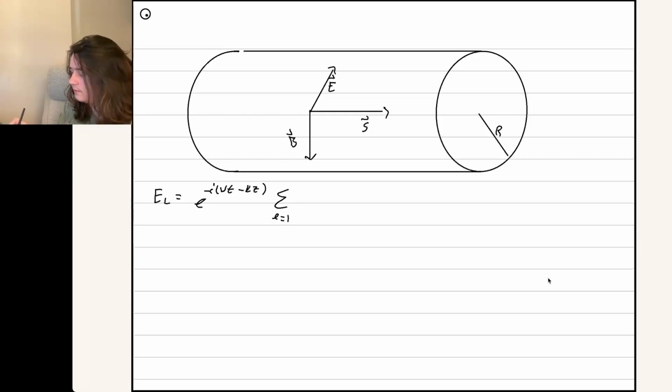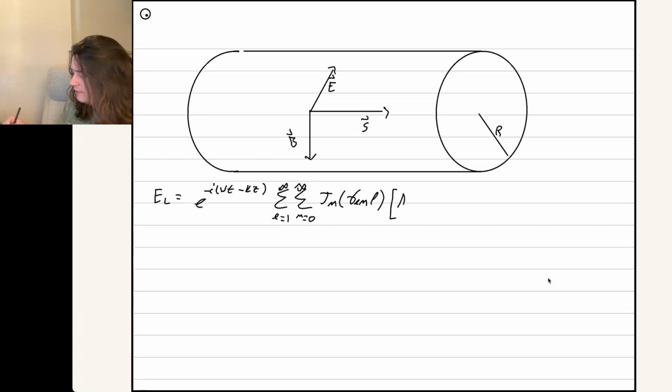So starting with L equals 1 to infinity, sum over m equals 0 to infinity. It's going to be dependent on Bessel functions, which are functions of gamma Lm rho, so that you can set your boundary conditions. It'll be explained in a second.